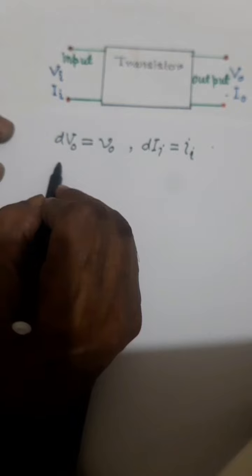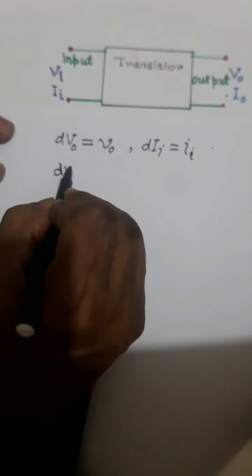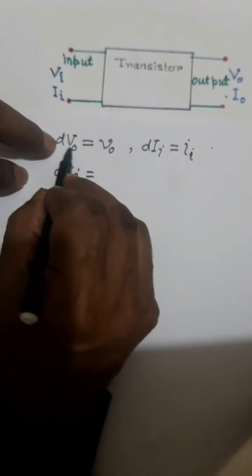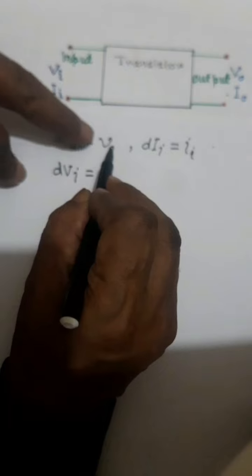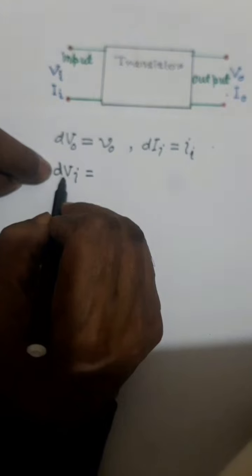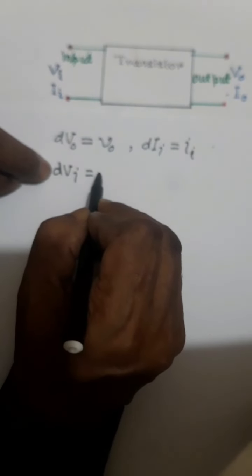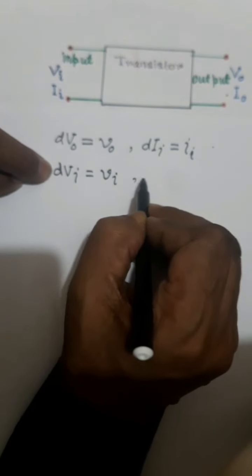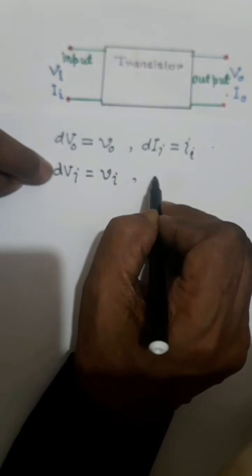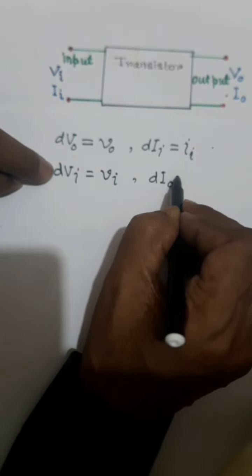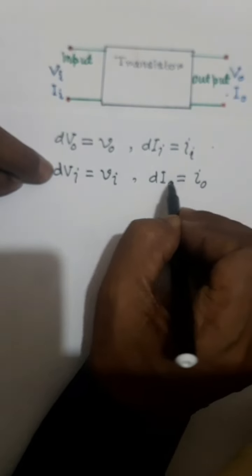Similarly, change in DC input voltage dVi is AC input voltage Vi, and dIo, change in DC output current, is an AC output current Io.